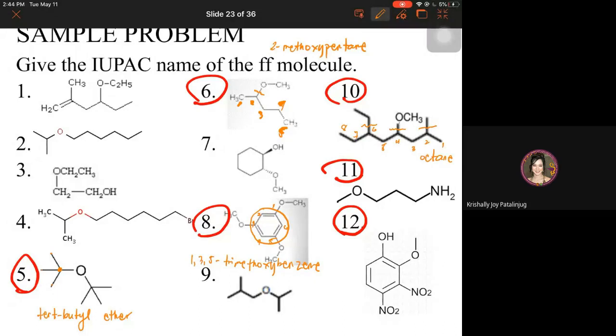Okay? So, na methoxy, methyl, ug ethyl. So, una ang ethyl. 6-ethyl. Sunod, 4-methoxy. Okay. Then, 2-methyl. Sumpay, octane.